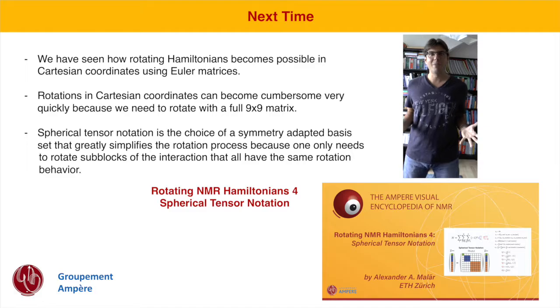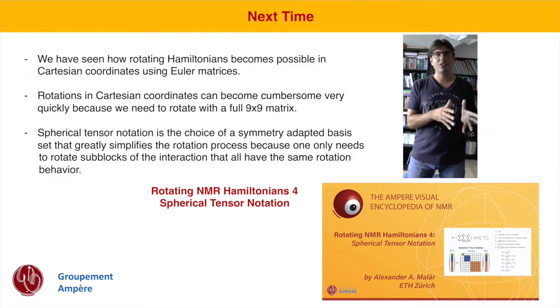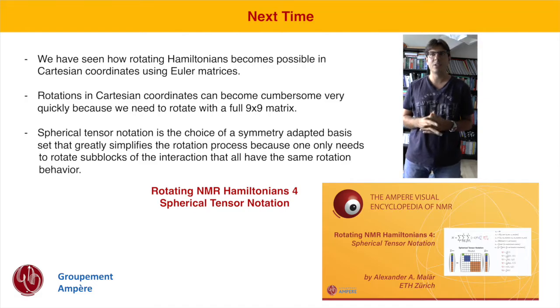So to wrap it up for this time, what did we learn in this video? Well, we have seen how it would in theory be possible to take a Hamiltonian and rotate it in Cartesian coordinates using Euler matrices. But then in a second step, we have learned that rotations in Cartesian coordinates become very cumbersome, because we have these 9 times 9 rotation matrices that we would need to use.